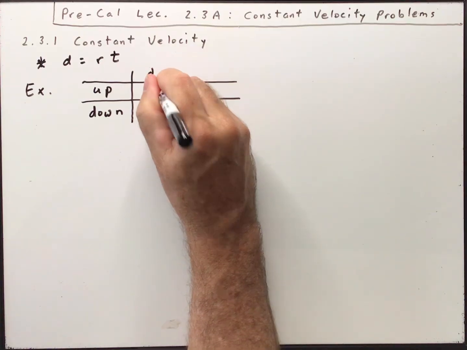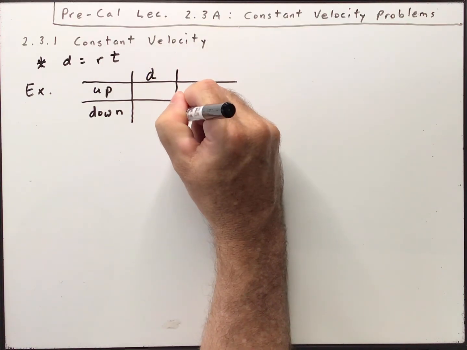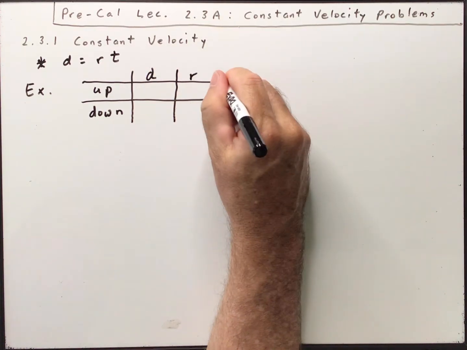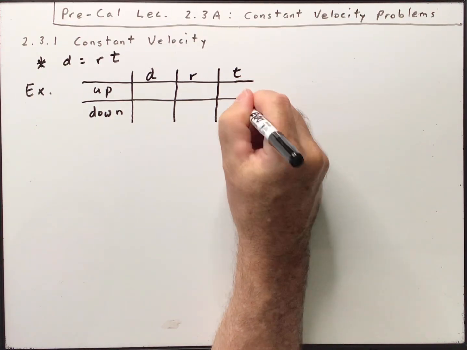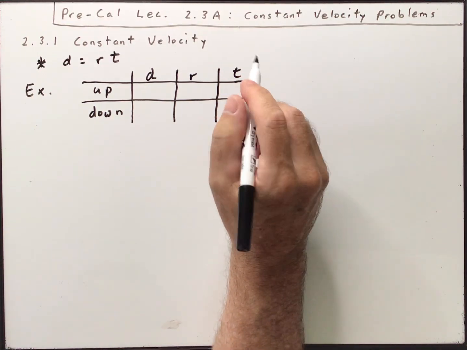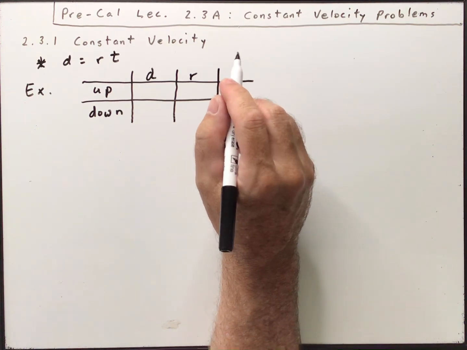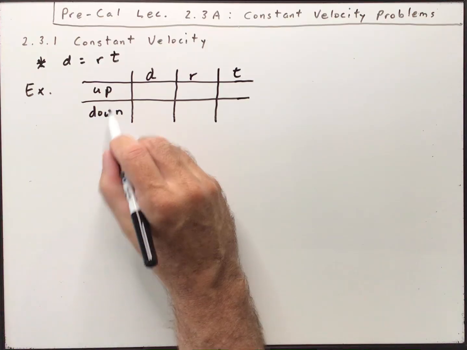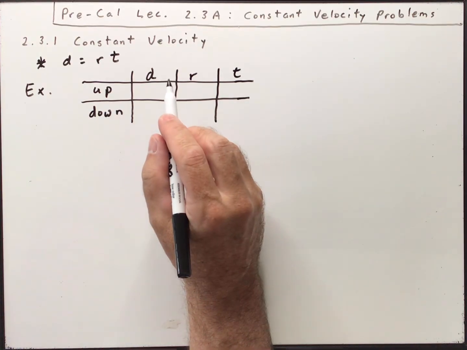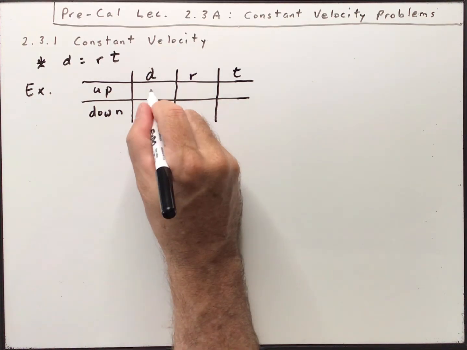So you've got distance, rate, and then time. Okay. So it says we've got to assume that up the hill and down the hill is exactly the same distance. It's just an out and back situation.